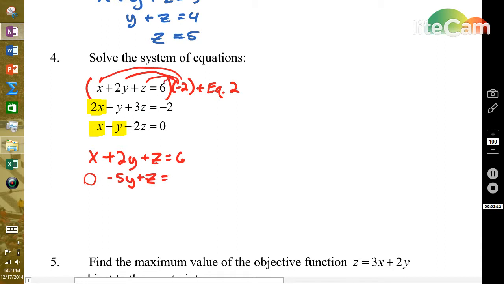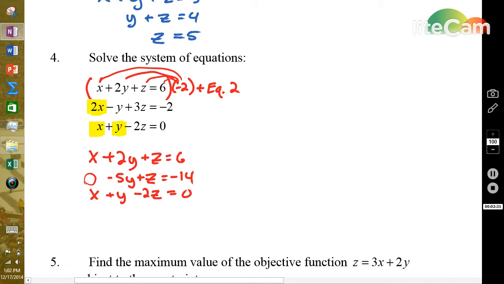And -2 times 6 is -12, plus the -2 is -14. The last equation, number 3, remains unchanged. So one of the three terms that we wanted to get rid of is now gone. It's turned into a 0.